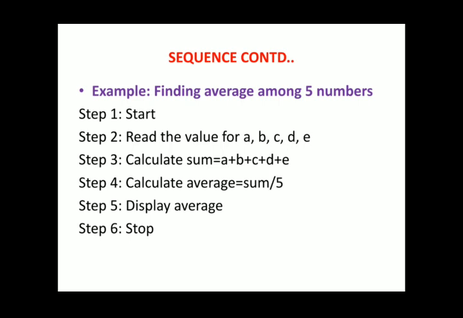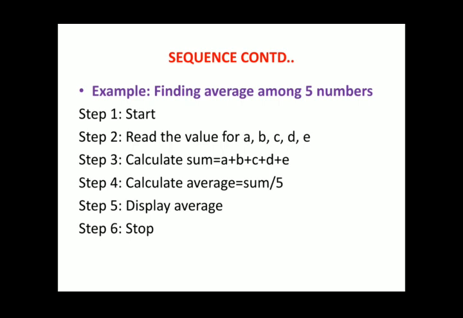Now consider variable A contains the value 1, B contains 2, C contains 3, D contains 4, and E contains 5. So as per the input, sum is calculated as 1 plus 2 plus 3 plus 4 plus 5. And the final value 15 is assigned to the variable sum. Now average is calculated as sum by 5.